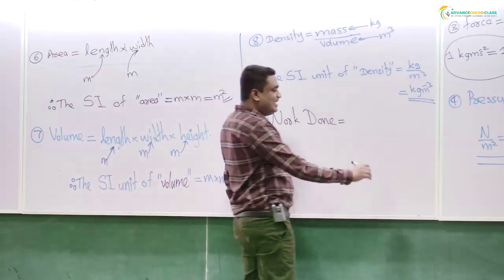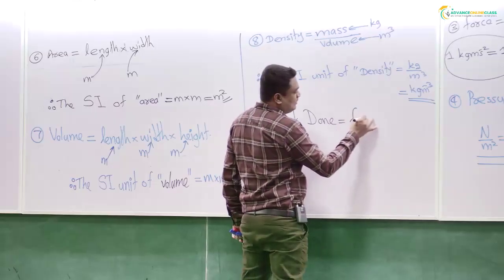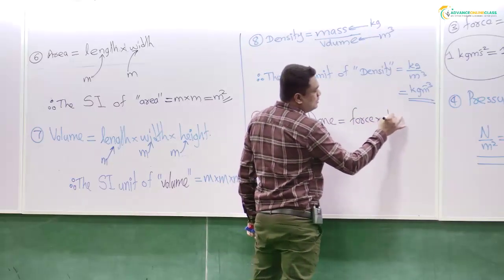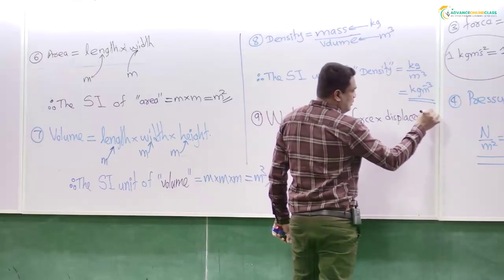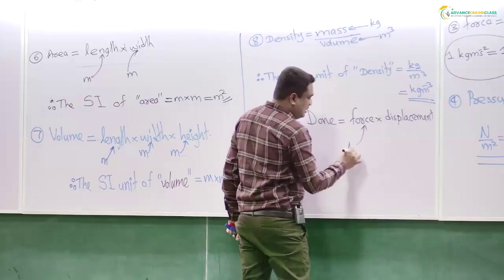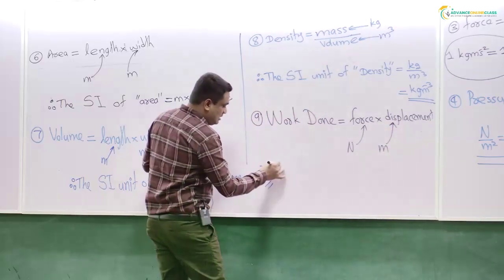What is work done here? Work done is force into displacement. Force is measured by Newton. Displacement is measured by meter.